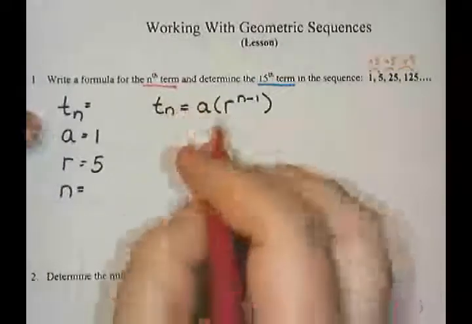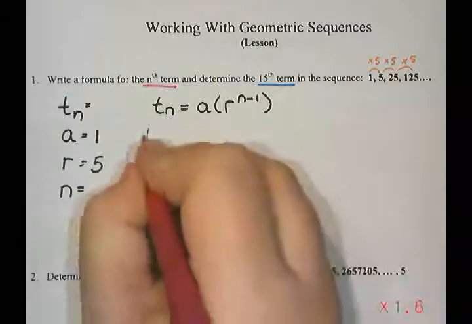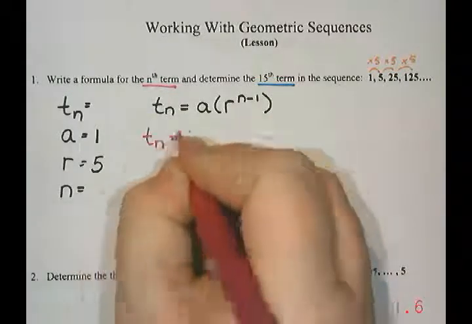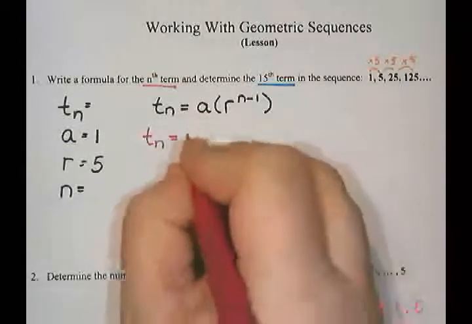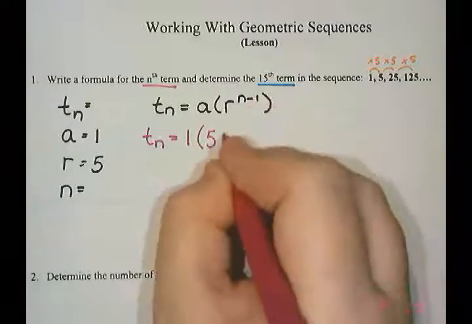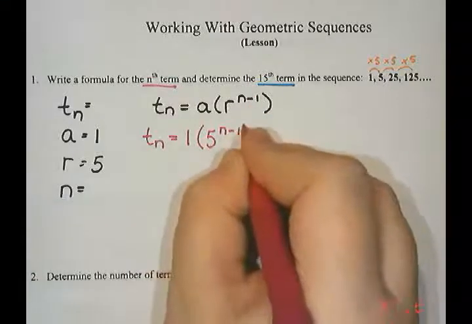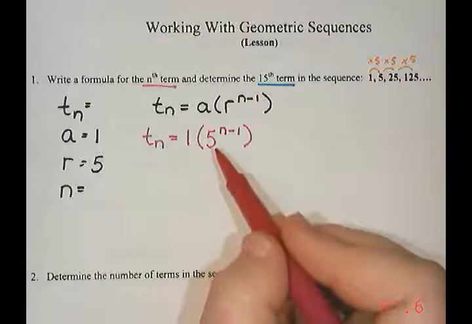So I am going to just substitute what I have into the formula. We're looking for a generic equation that works for any term. That's what the nth term one is. So Tn, we're leaving that alone, is 1 times r, which is 5, to the power of n take away 1. Now, you cannot multiply the 1 and the 5 together.